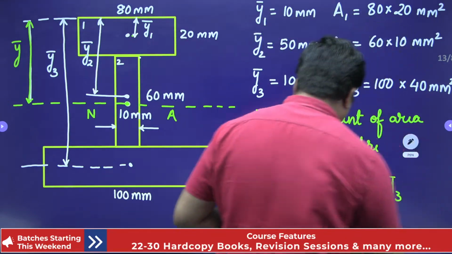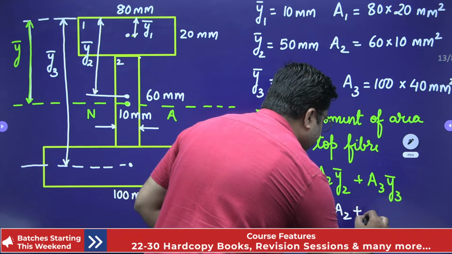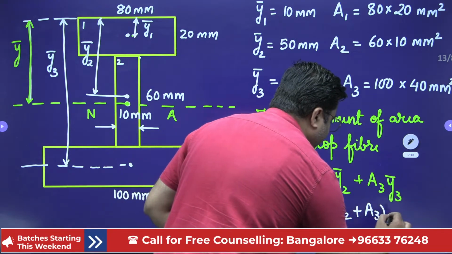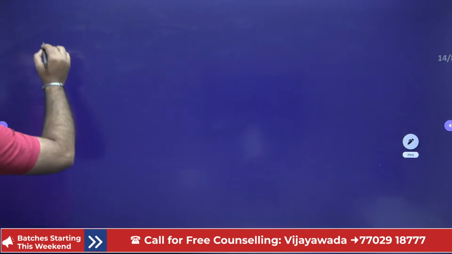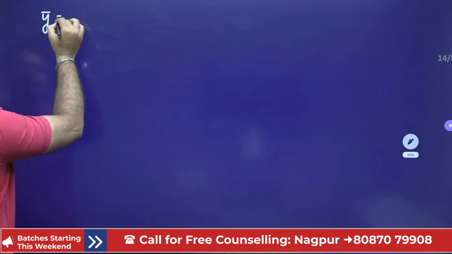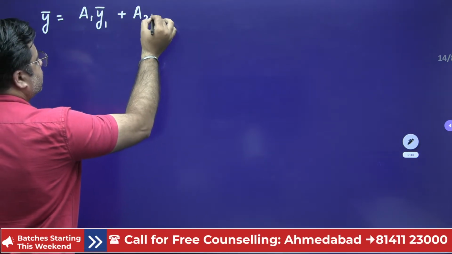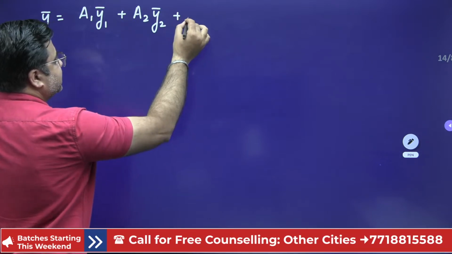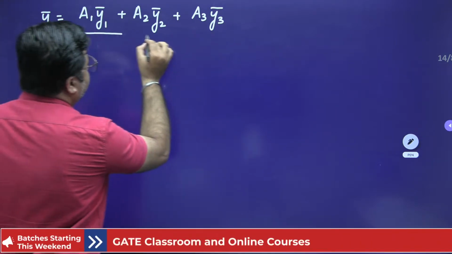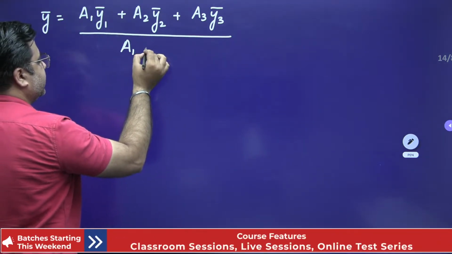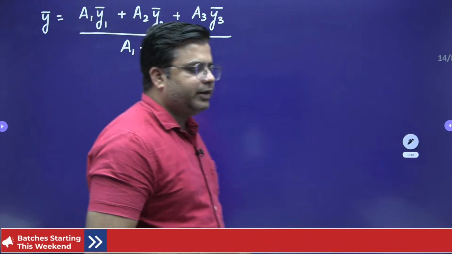So Y bar is equal to A1 Y1 bar plus A2 Y2 bar plus A3 Y3 bar divided by A1 plus A2 plus A3, right?